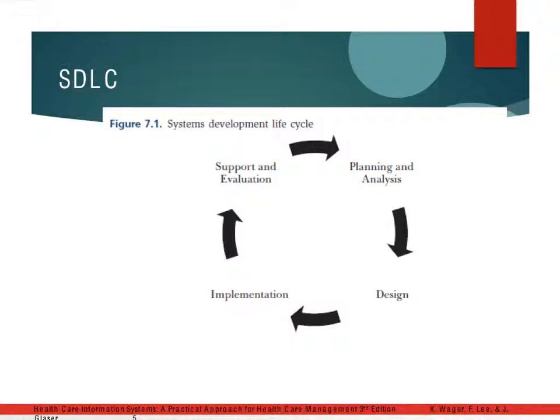So during the first phase, planning and analysis, this is when the organization decides what current systems really are in need of improvement. You can take a critical look at what is currently being used and what the needs are going to be in the future. The next phase is the design phase. That considers all the options.